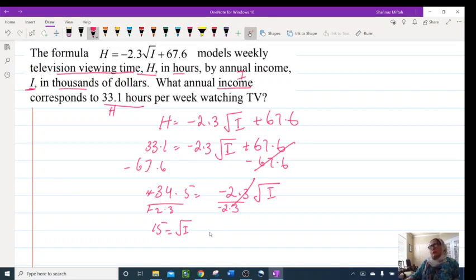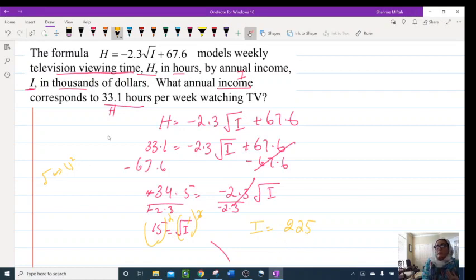By squaring both sides. Remember that, guys. Remember I said square and square root are opposites of each other. So this and this cancel out and I'm left with I equals 15 times 15, which is going to give me 225.